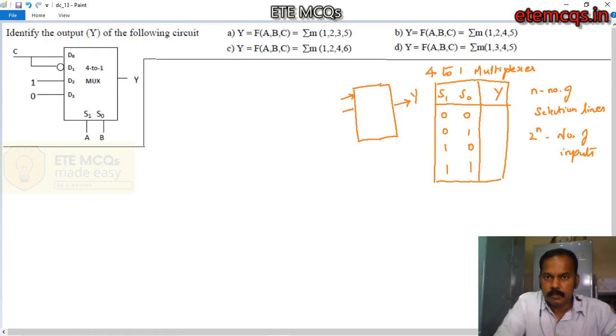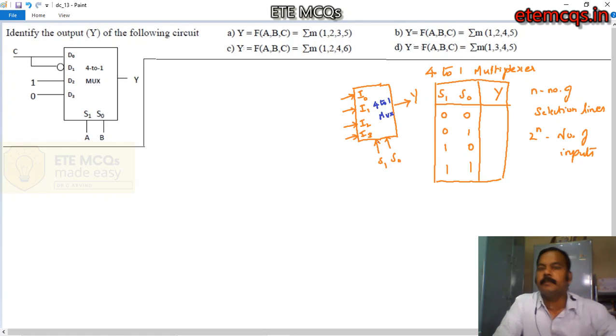There are 4 inputs, that is 2 power n is 4, and 2 selection lines given by S1, S0, and let the inputs be I0, I1, I2 and I3. This is a 4 to 1 multiplexer.